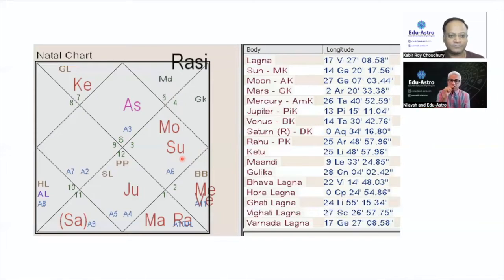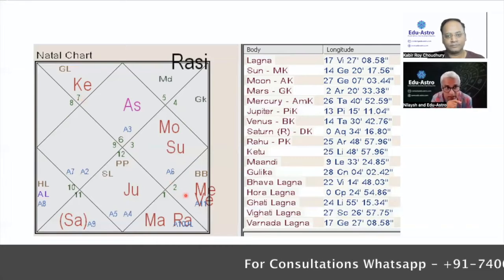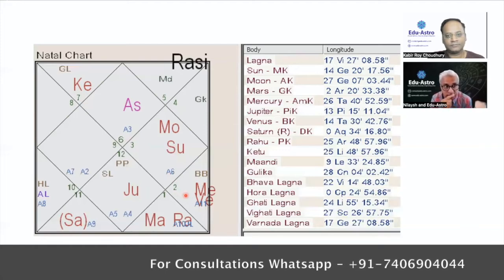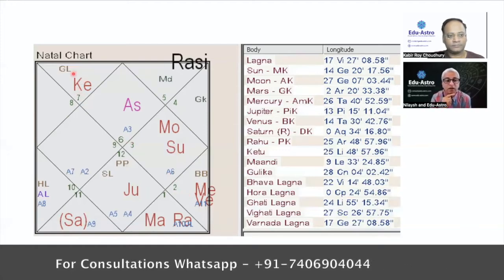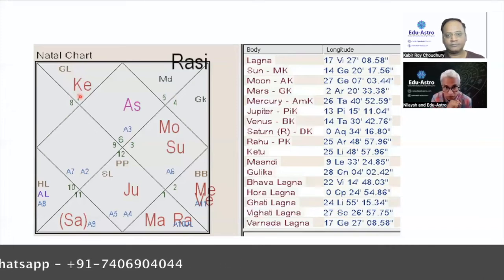Another thing, if you see the Venus, Venus is also the ninth lord and second lord. Venus being the ninth lord and second lord, closest to the Lagna degree, means this person is very fortunate, because Venus is very close to the Lagna degree. Another thing, Venus is the second lord, so he will have very good family support also.